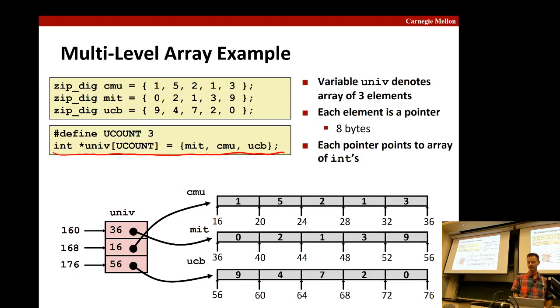Okay, so we had this zip digits for CMU, for MIT and Berkeley, and then when we created this university thing, we initialized it so that MIT was ahead of CMU. So that's clearly wrong. So we can fix that now. These should swap, okay? But other than that, it's good C code, okay?